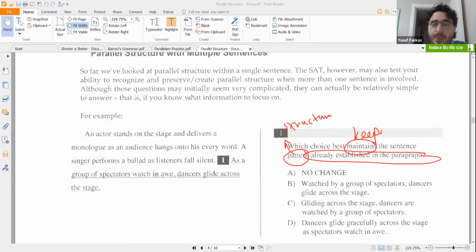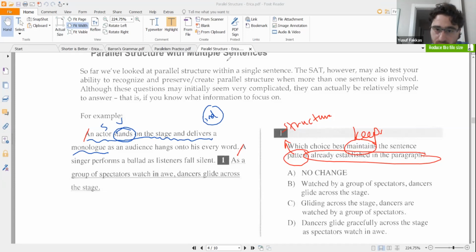How? Look, if we focus on the first sentence, it says, an actor stands on the stage and delivers a monologue. That's the first part. What is it? Present simple. An actor stands. We know that this is a complete sentence, an independent clause. An actor stands on the stage and delivers a monologue.